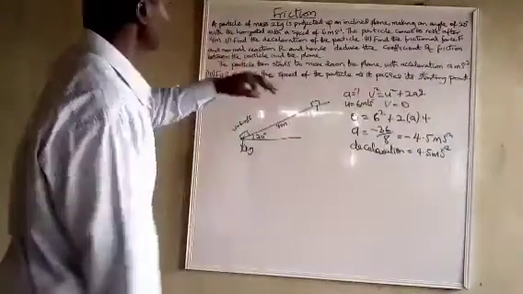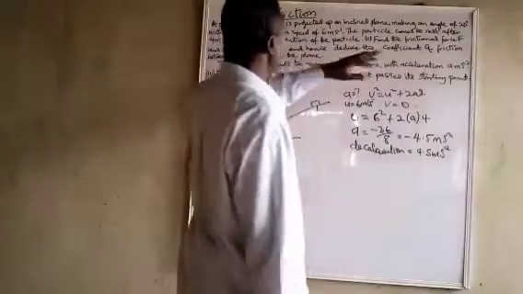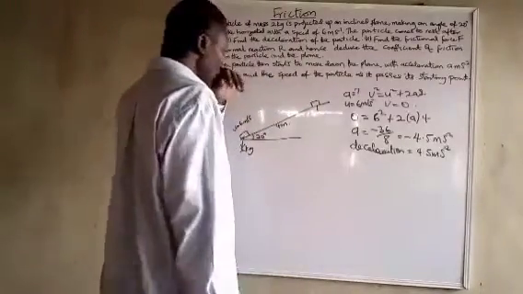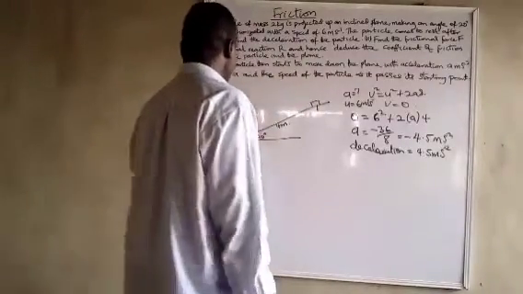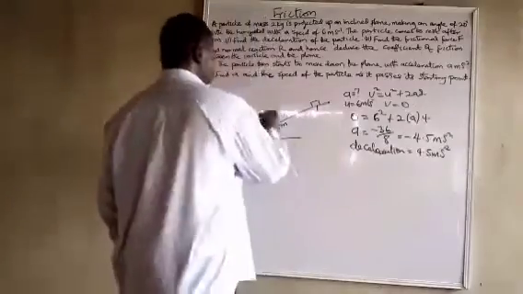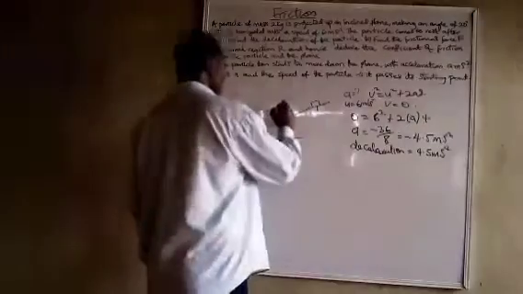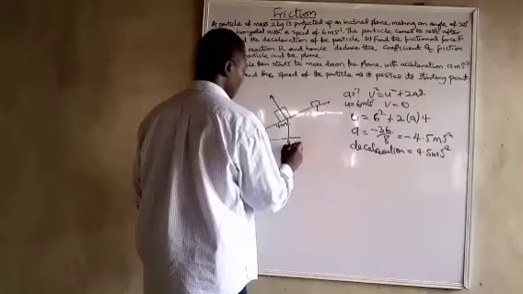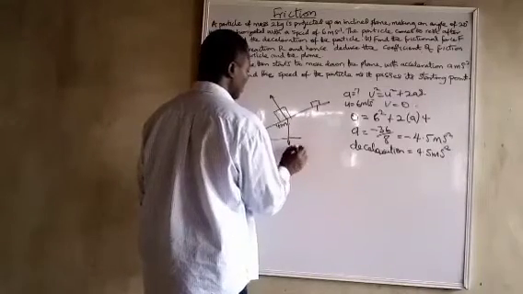The next question says that you find the frictional force F and the normal reaction R. So from here, what will be the normal reaction? We have done that one in resolution of vectors. It will be like this. The normal reaction will go like this. Mg, 2 times g.